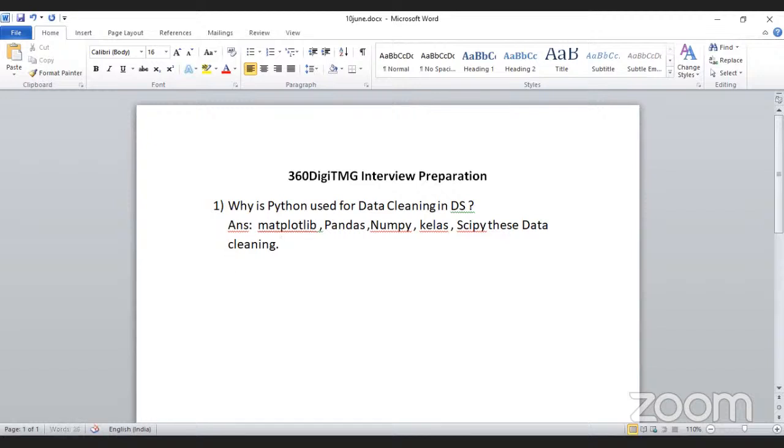My second question is, why is R used in data visualization?